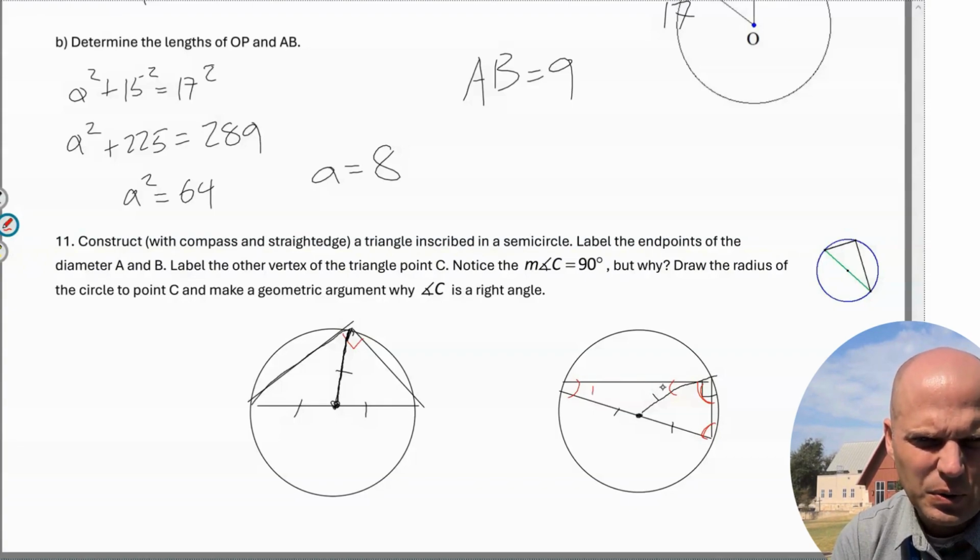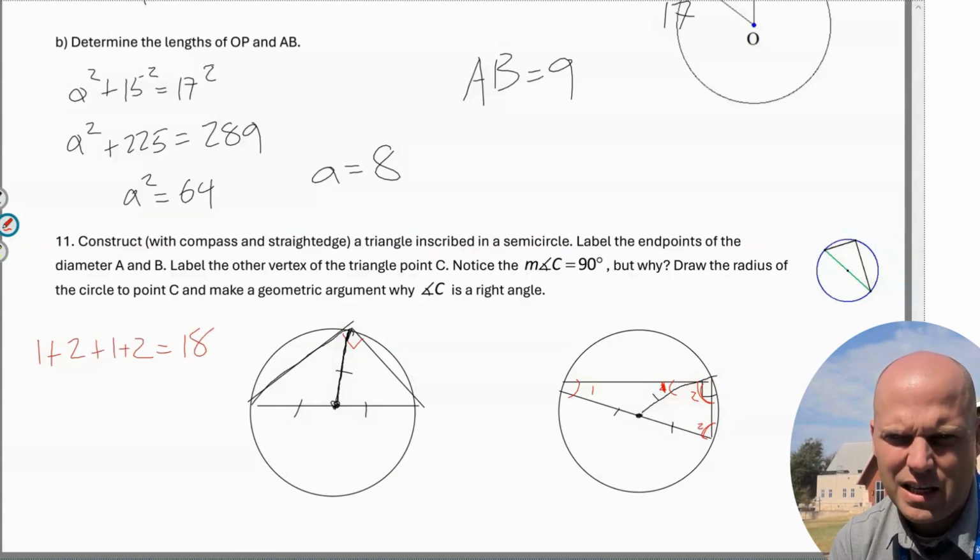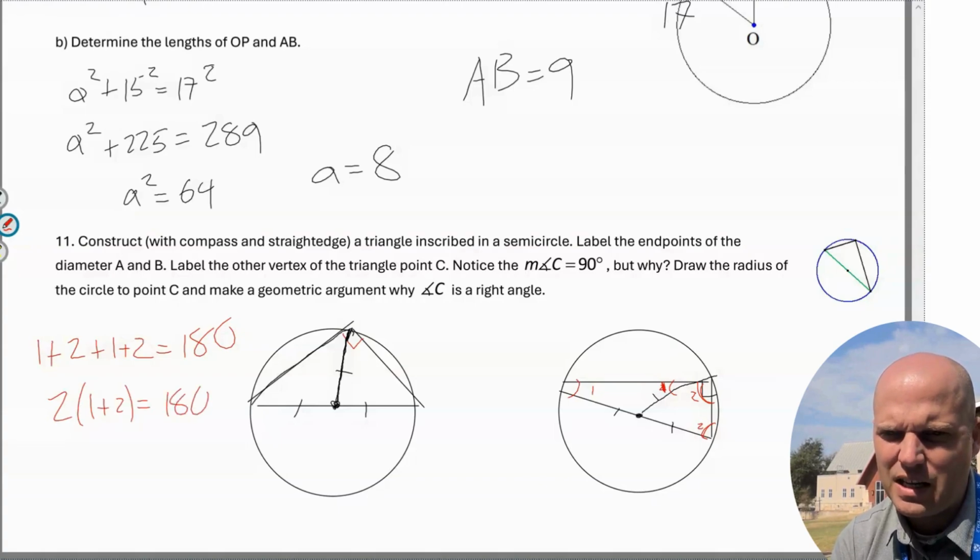This is angle 2. Sorry, this will also be angle 1. This will be angle 2, and this is angle 2. We know 1 plus 2 plus 1 plus 2 has to equal 180. Doubling 1 plus 2 has to equal 180. Therefore, 1 plus 2 has to equal 90.